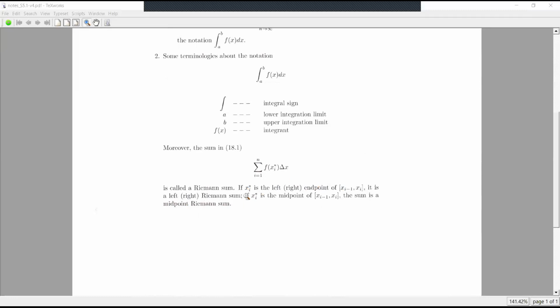If you choose xi star to be the right endpoint of the subinterval, then this sum is called a right Riemann sum. If you choose xi star as the midpoint of the subinterval, then the sum is a midpoint Riemann sum.